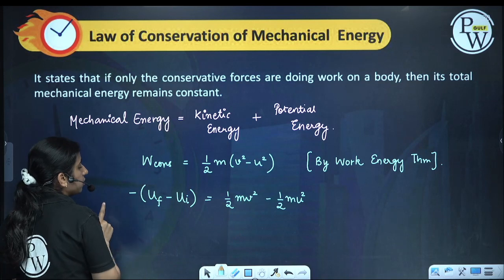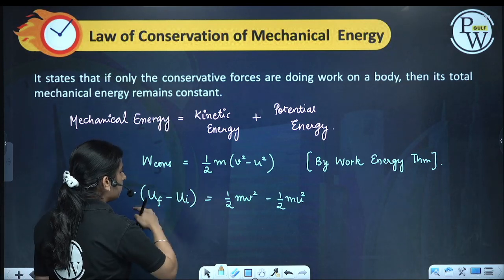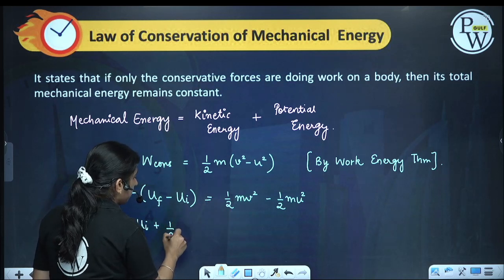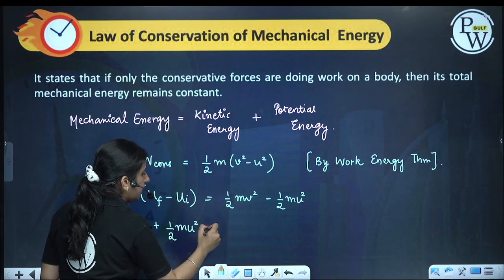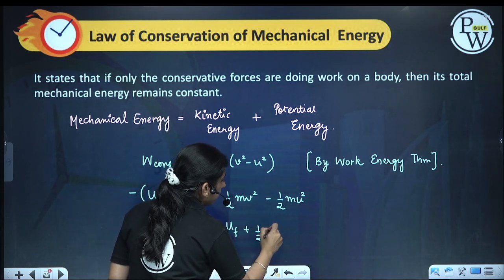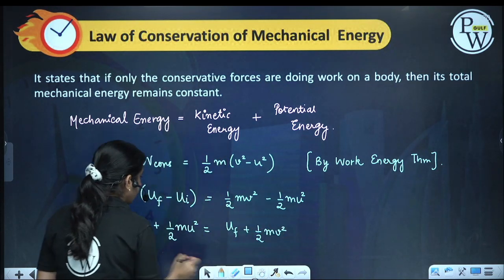Now rearrange the terms. What we will have is U initial plus half m u square equal to U final plus half m v square. What is this?